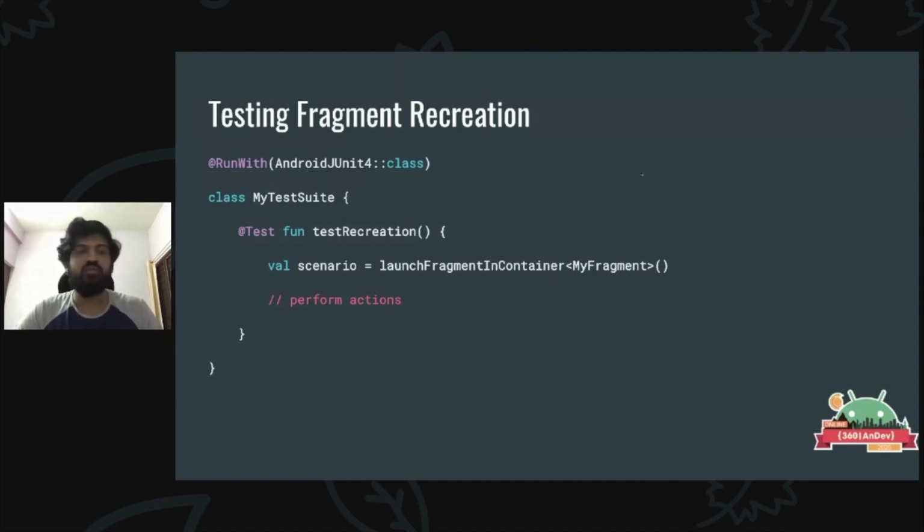Like if you want to mutate your state to go to a particular scenario, you can do that. Then you can just call recreate on your scenario, and this will emulate fragment recreation. And after that, you can test different events to verify that your app actually handled the state restoration properly.